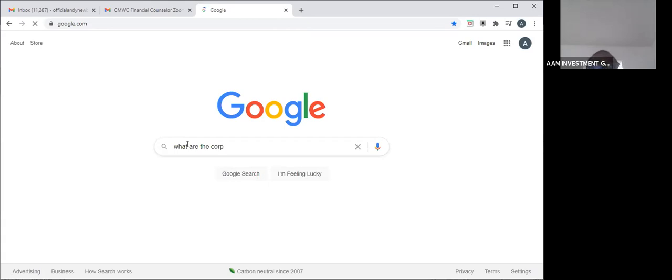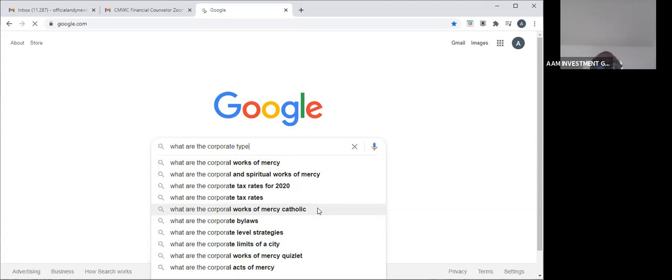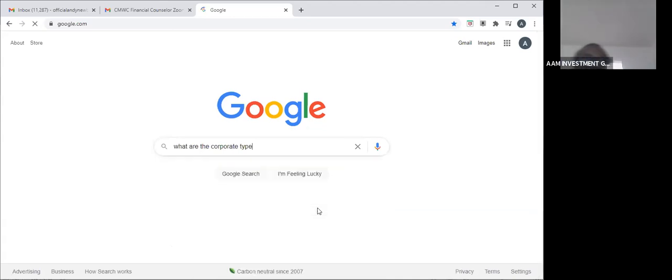And you could ask the question any way that you're comfortable with. You could put what are the types of corporation? Let's just say that. What are the corporate types? Just a basic question.